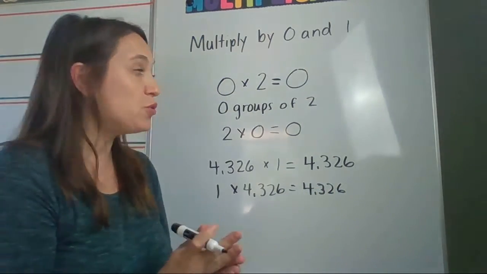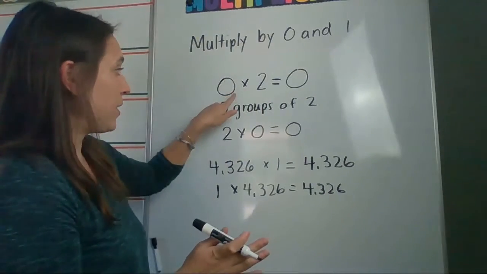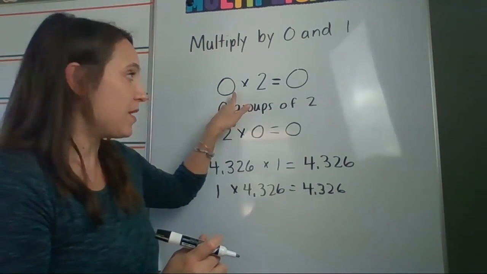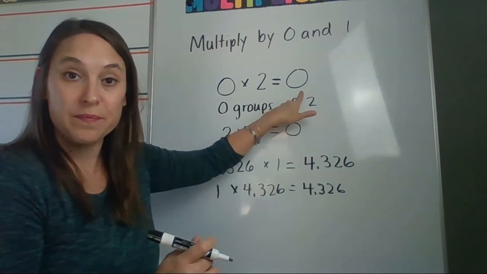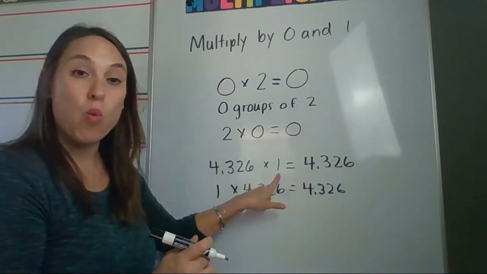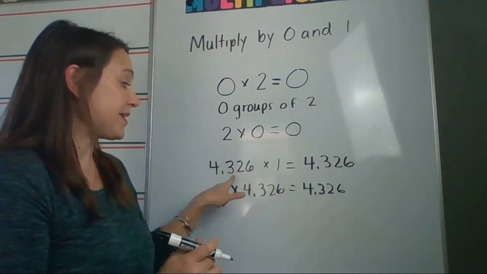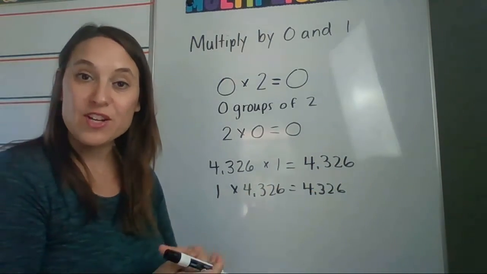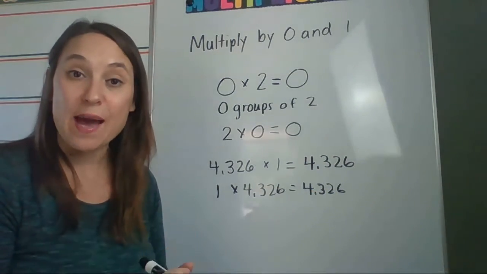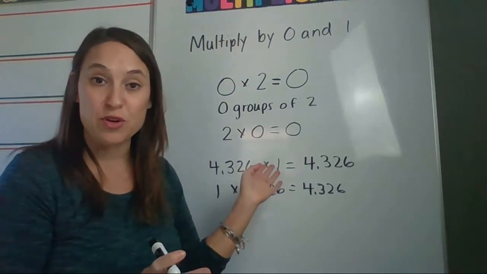Okay? So 2 new rules now to think about. Whenever you're multiplying by 0, and 0 is one of your factors, the product is going to be 0. Whenever you're multiplying by 1, the product is going to be that other number, the opposite number of 1. Okay, sharks, so today you'll work on your CAMI for 3.6, which is the commutative property.